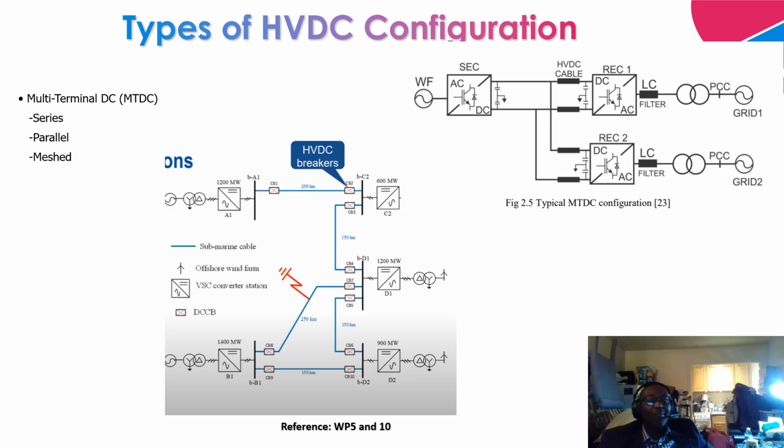So let's say it converts the DC power from plus or minus 320 kV to a 230 kV AC voltage before it is stepped up to a 400 kV transmission level voltage, before it is integrated into the AC grid.